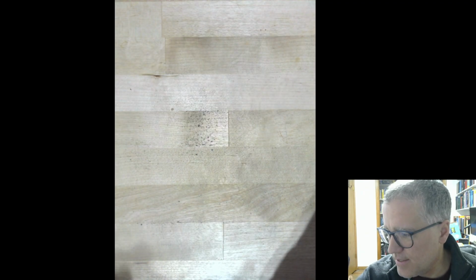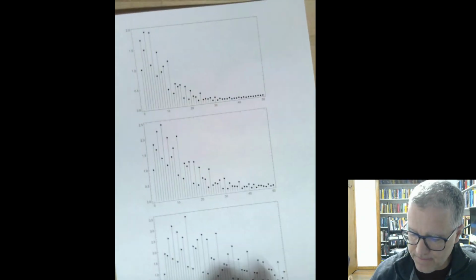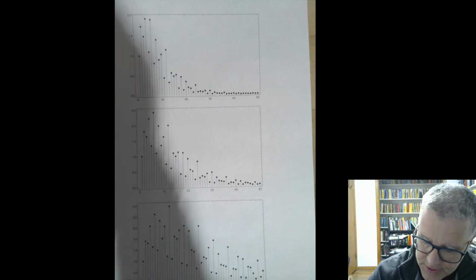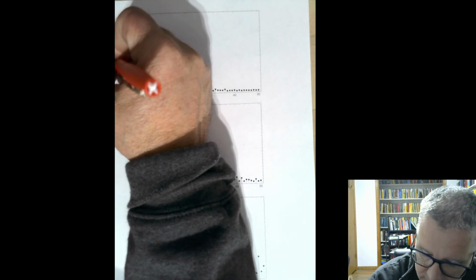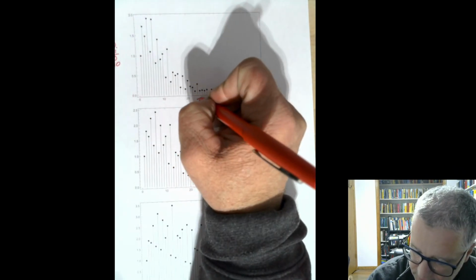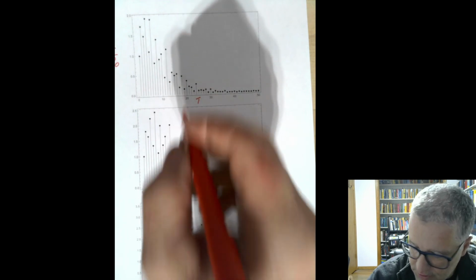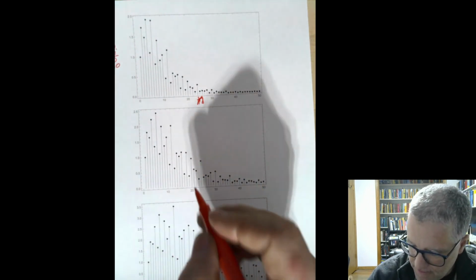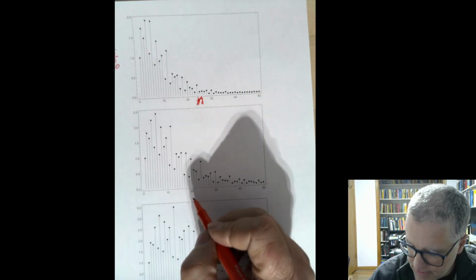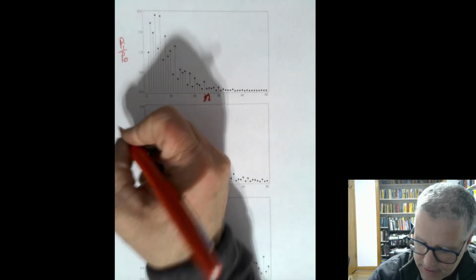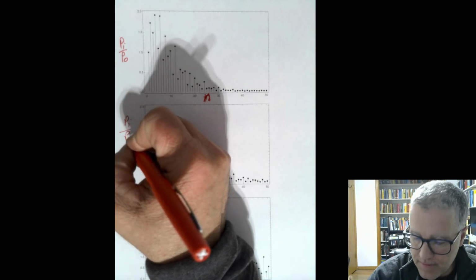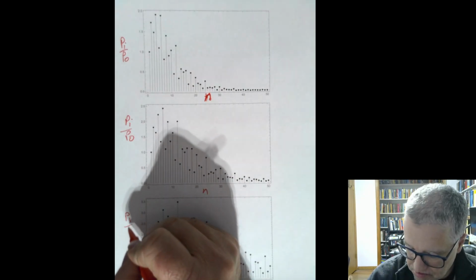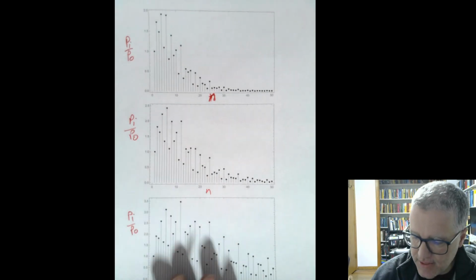Okay, let's look at the Boltzmann distribution then. So this is going to be p_i over p_0 as a function of temperature, as a function of state n.